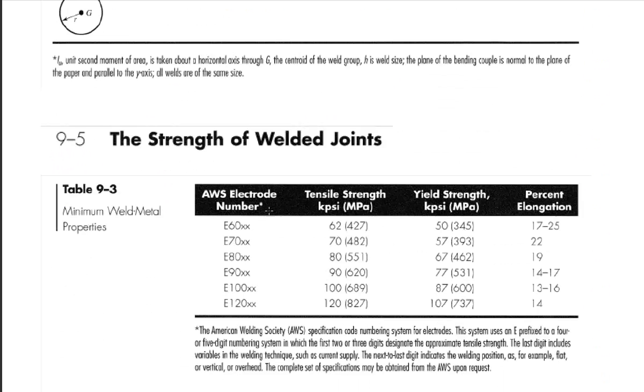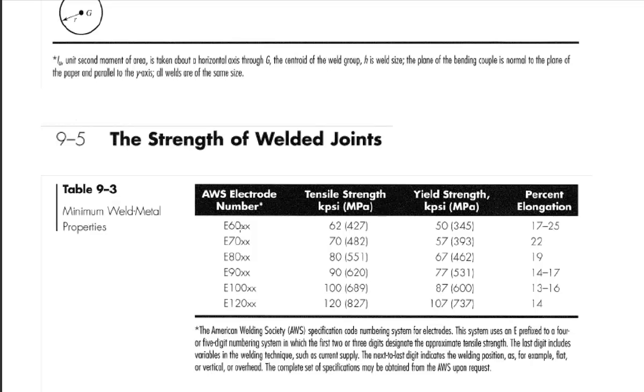Okay, so that would take care of weld stresses. Finally, we need to talk about a couple of things: the strength of the weld, so that we can compare it to stresses, and then any design requirements that we would have. Here is the strength of various weld electrodes, or welding wire, and it gives minimum properties that we can design to. Sounds very much like proof properties, and various electrode numbers.